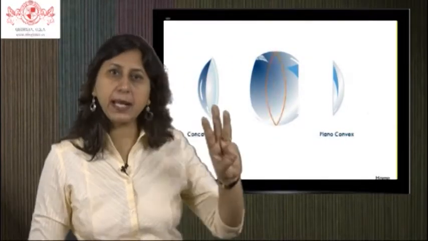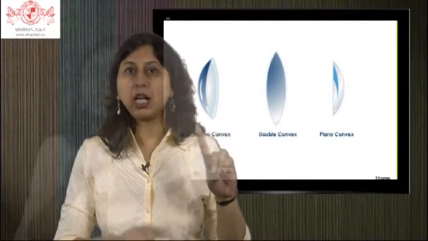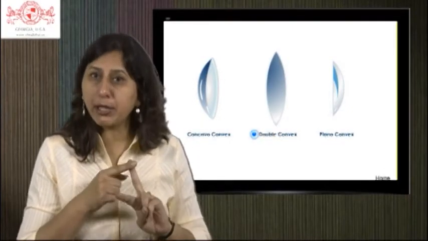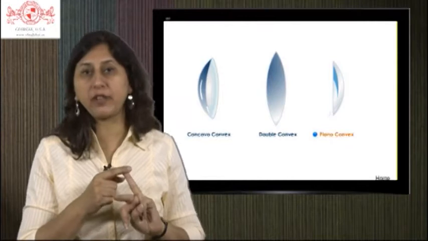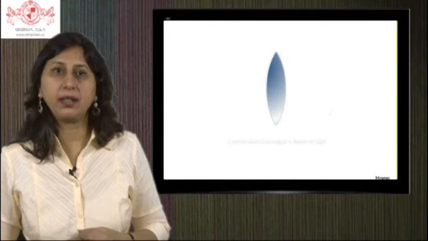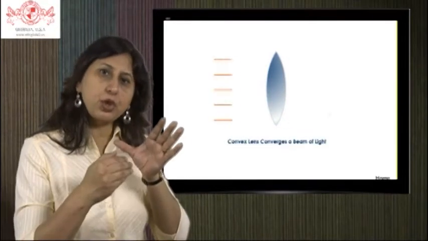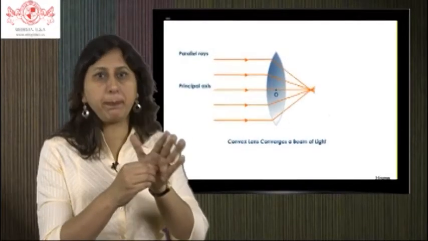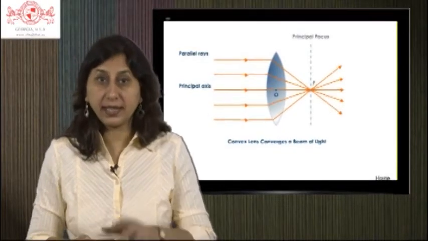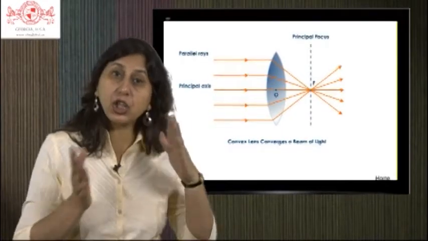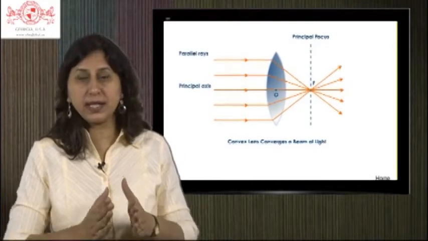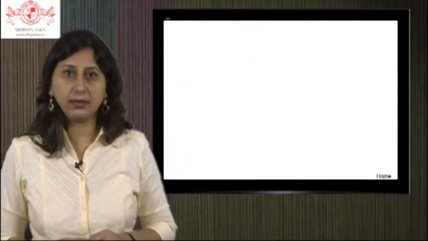There are three types of convex lenses, a concavo-convex, a double-convex and a plano-convex. Convex lenses are thicker at the center and become thinner at the edges. Rays of light passing through a convex lens converge to a point after refraction. This is the reason why a convex lens is also called a converging lens.